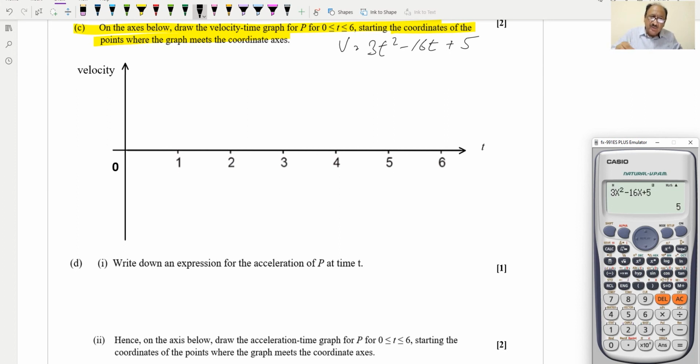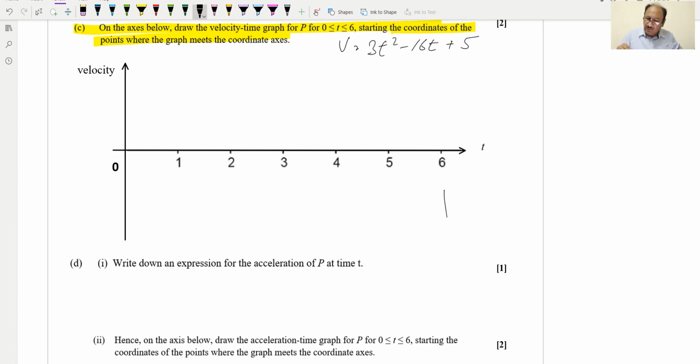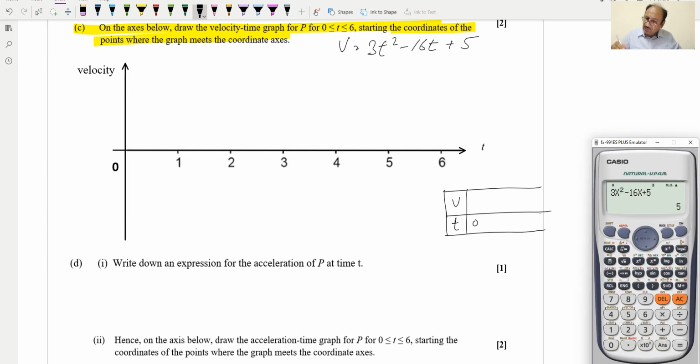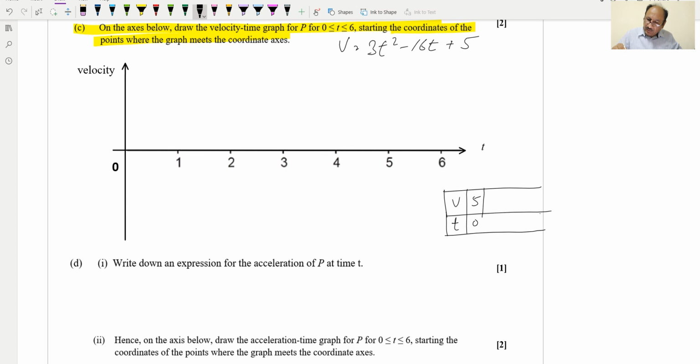So we can draw the table of values, which I'm drawing over here. This will be velocity and this will be time, and for 0 this is giving us 5, and for 1, 2, 3, and 4, 5 and 6.